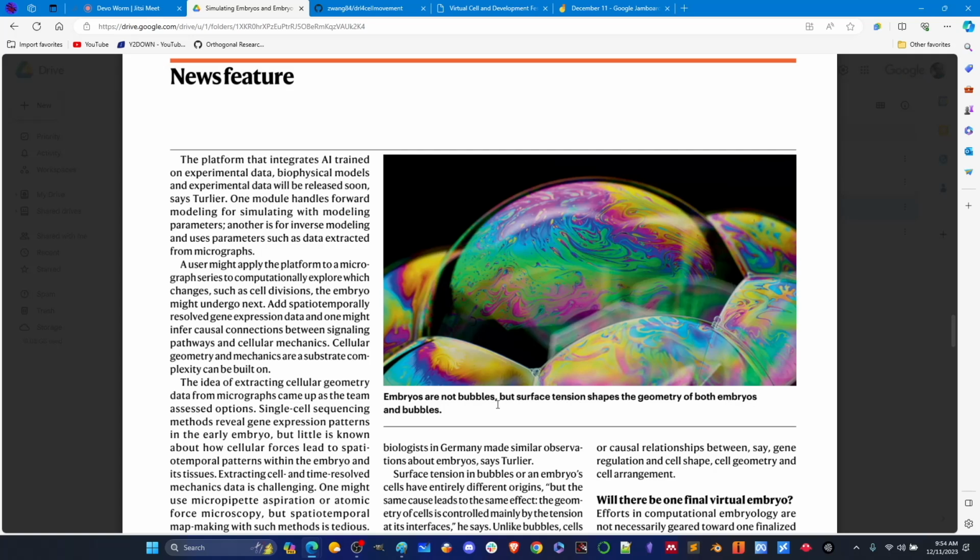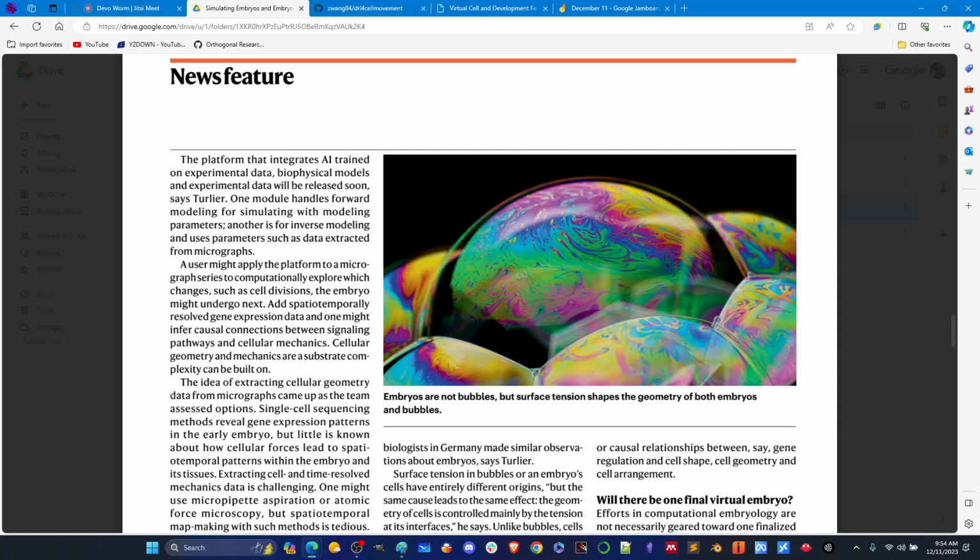So you can use bubbles as a kind of meta model to describe the physics of embryos. Bubbles are these spherical things that have to be packed into a larger film. The edges bump against one another, so they achieve this optimal tiling where they fit in between one another.